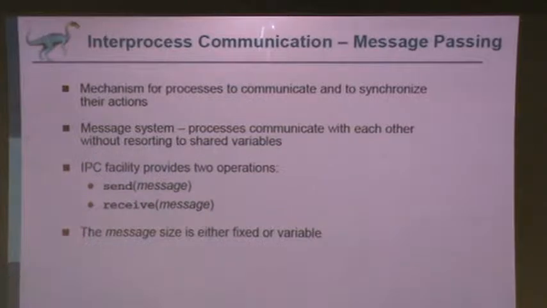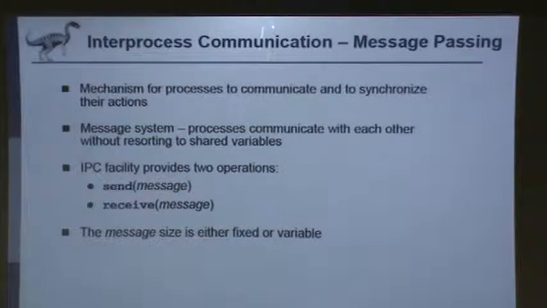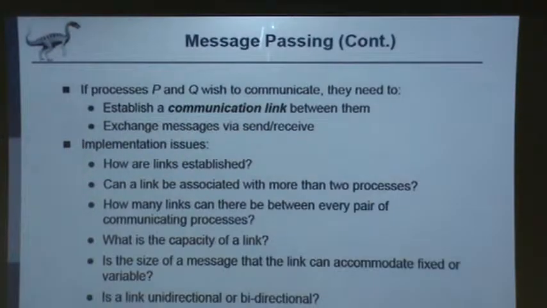So send and receive, you need to have two functions. If you implement a bidirectional, each one should be send and receive, and the other send and receive, something like that. Then, when you are using such message passing, you need to establish the communication link.